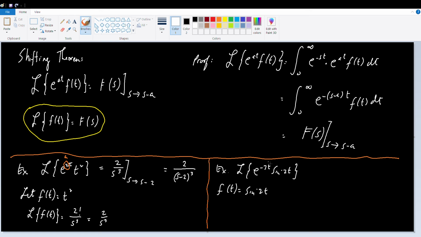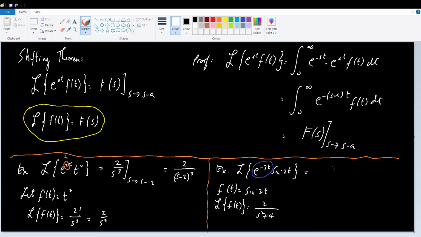We suppress e to the at, and the rest will be our f of t. So f of t is sine 2t. We take the Laplace transform of f of t, which is equal to 2 over s squared plus 2 squared, or 4.